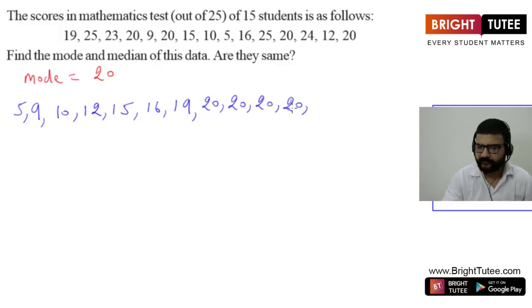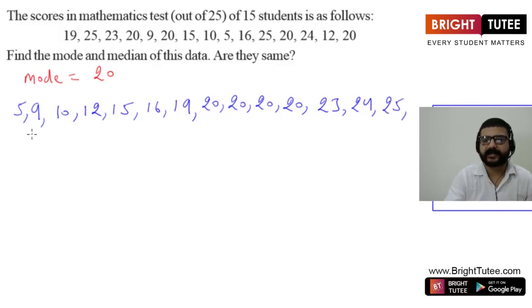And after 20 we will be having 23, and then 24, and then 25, and at the last again 25, because it is occurring 2 times in the data, as we can see from the data also. So this is the ascending order of the given data.